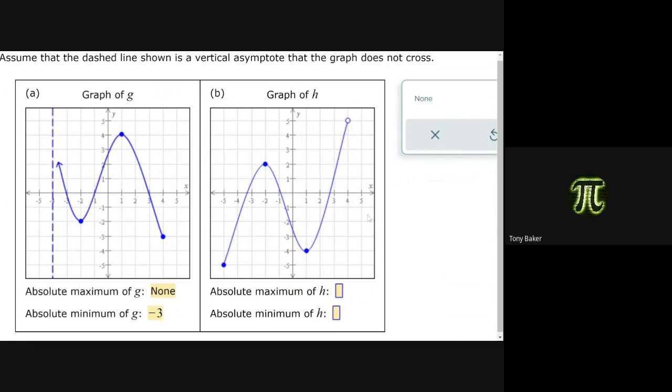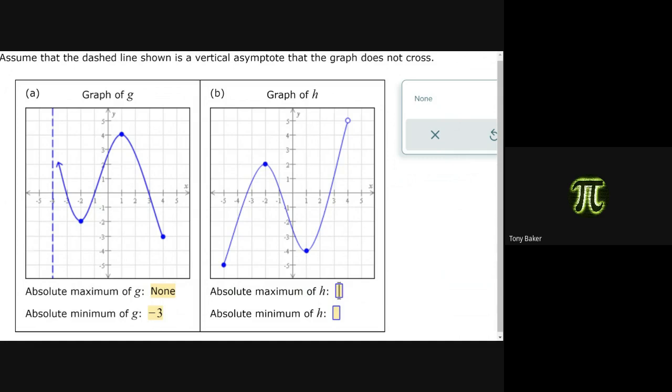B, what's the absolute maximum for this one? That's none, because it's not actually on the graph. Actually, I am not sure what they want for this one.